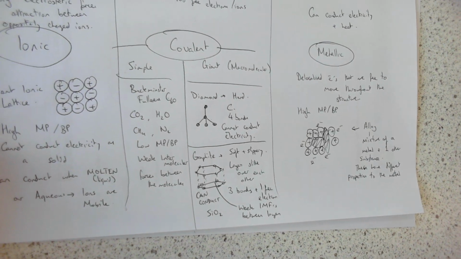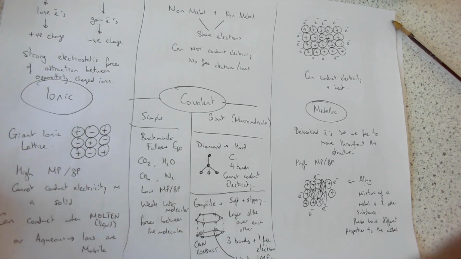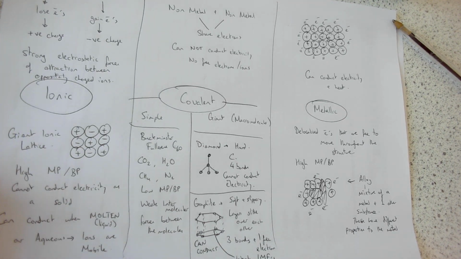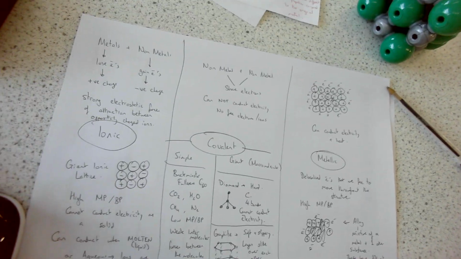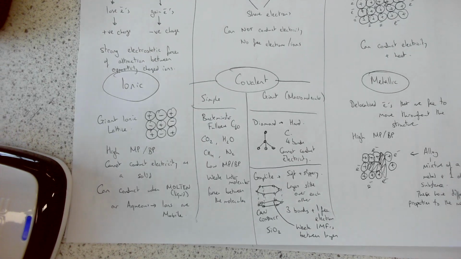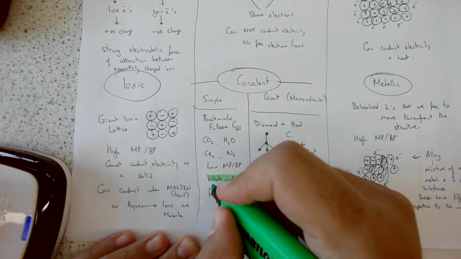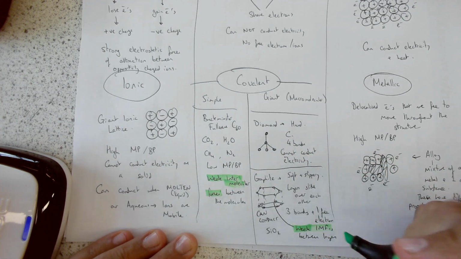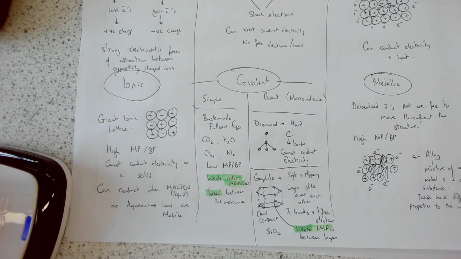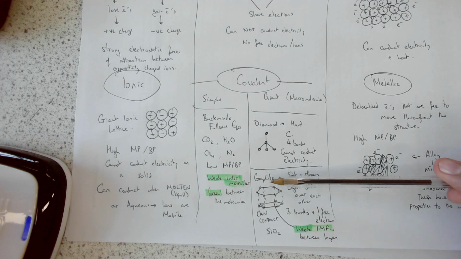I've said in covalent bonding, we got simple and giant covalent bonding. One thing to point out here is from this whole sheet of bonding, we've only said intermolecular forces here and here. We only talk about intermolecular forces when we're talking about simple covalent and we're talking about graphite.